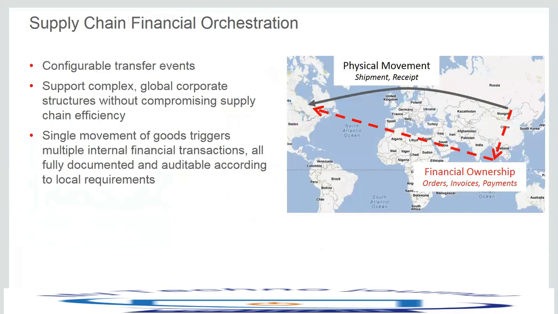So we have three complementary orchestration solutions which complement each other. The first one is the distributed order orchestration, popularly called DOO. It is the infrastructure of Oracle Order Management Cloud and focuses on end customer fulfillment.